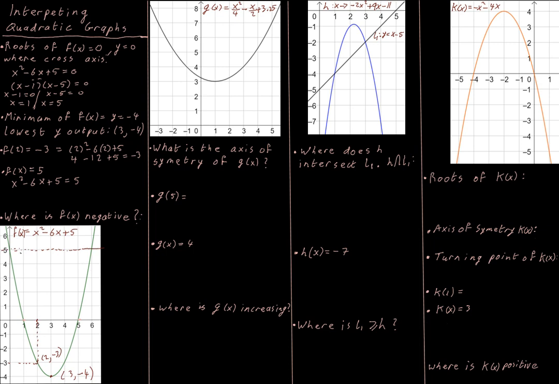So where does that happen? That happens when x is 0. And it also happens when x is 6. So we know the answer to this is going to be 0 and 6.